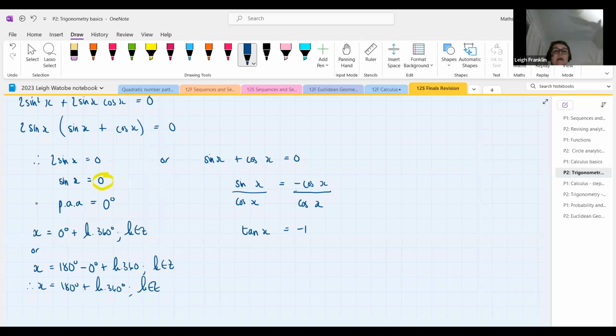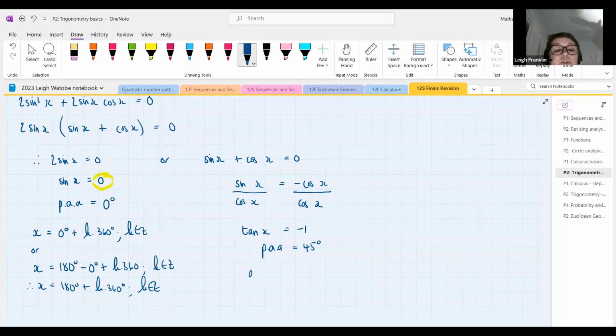On the right-hand side, we know that tan x will be equal to 1 when x is equal to 45 degrees. Okay, and now we've got to use our negative sign. So tan x will be negative in quadrants 2 and 4.